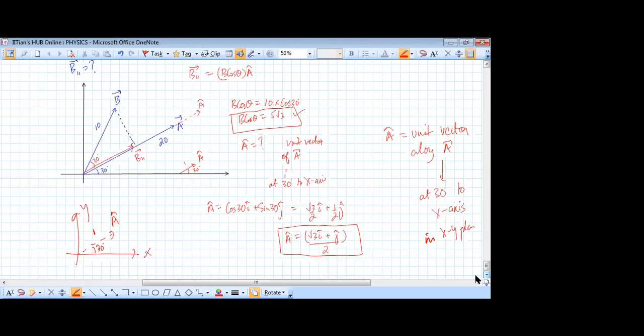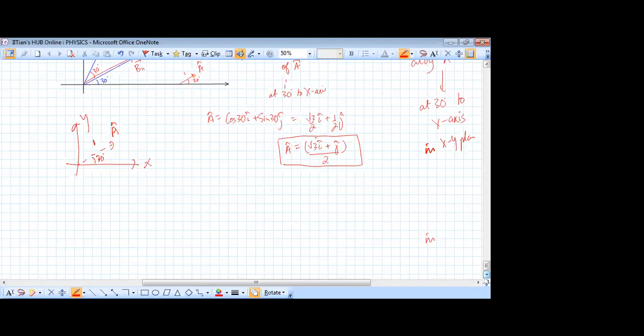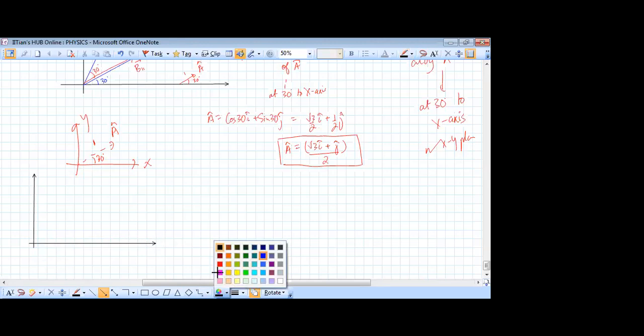ठीक है. So now, see, don't confuse between vector a and a cap. They are different things. अगर मैं vector a निकालूंगा तब वो क्या है? That is 20 cos 30 I cap and 20 sin 30 j cap. But that's vector a, not a cap. That's different.